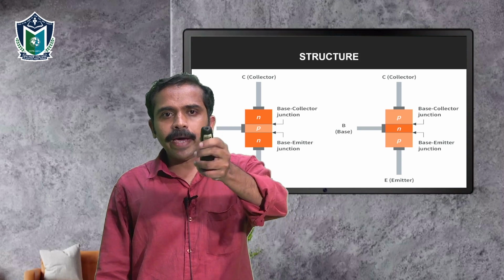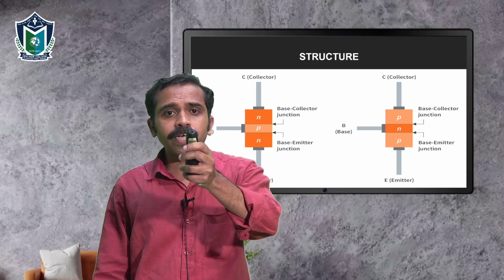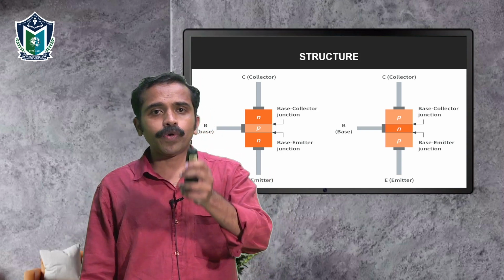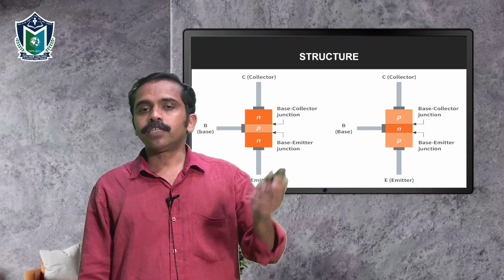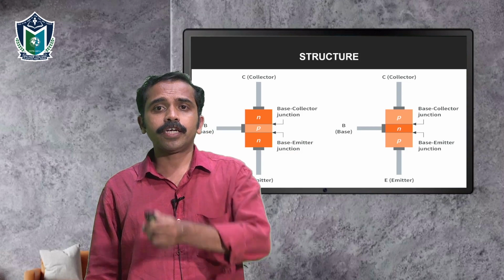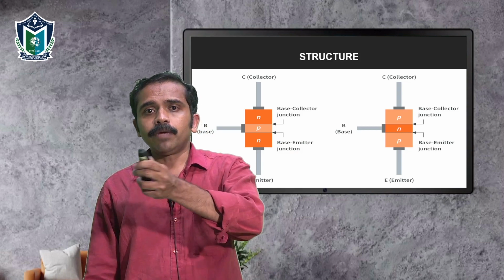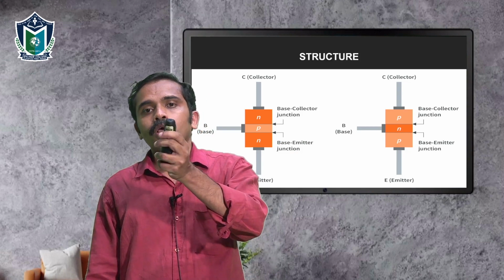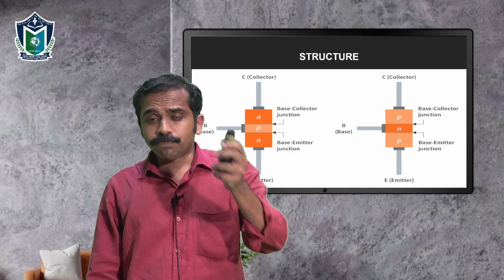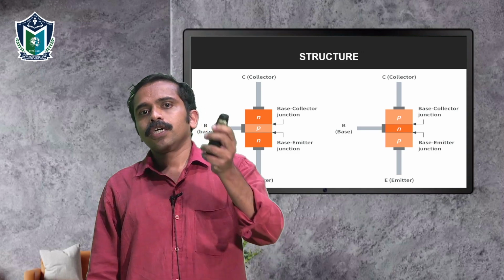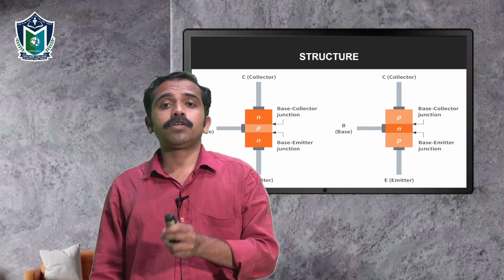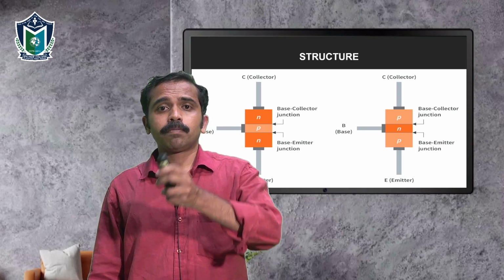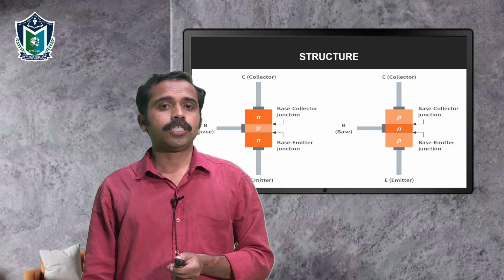In between base and collector, there is base collector junction, and in between base and emitter, it is base emitter junction. Exactly similar things are here at PNP transistor also. But the difference is that here the collector and emitter are positively doped, whereas the base is negatively doped.